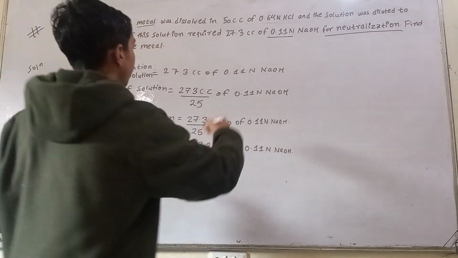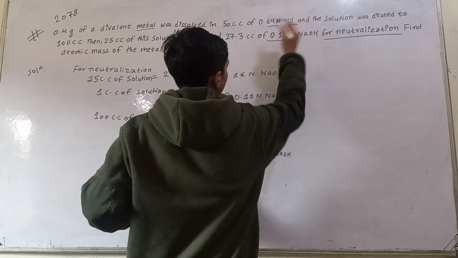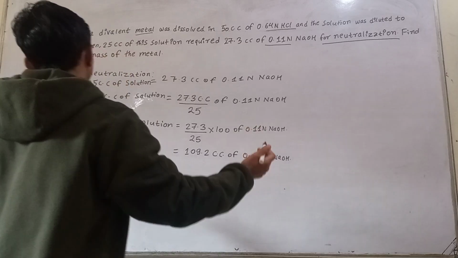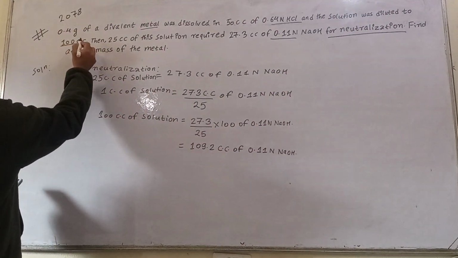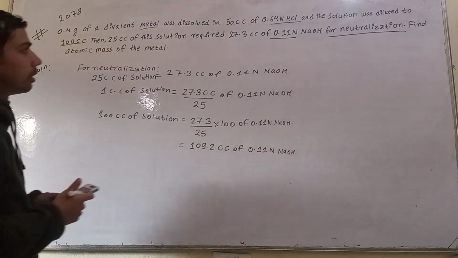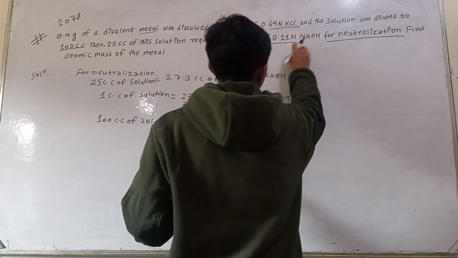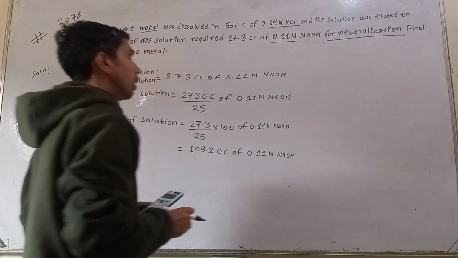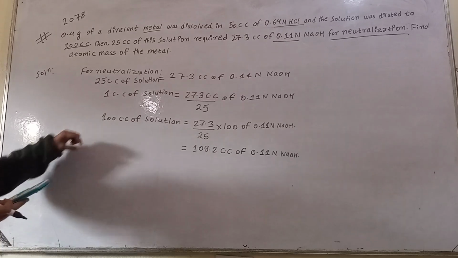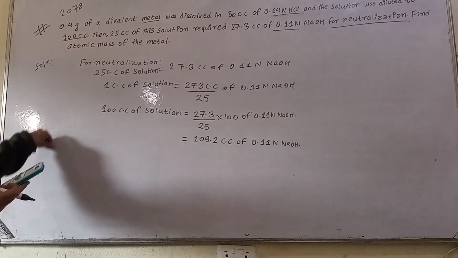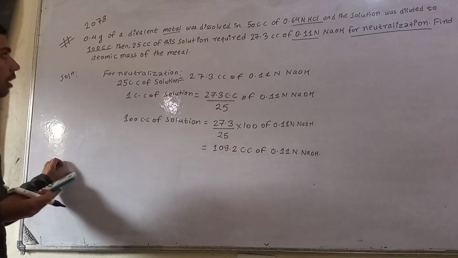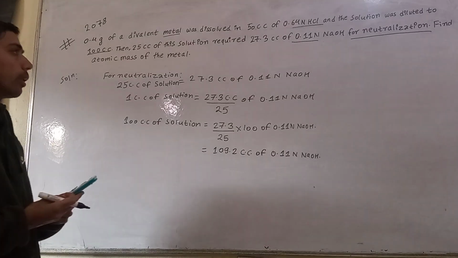This metal was dissolved in the acidic solution, and this acidic solution is diluted to 100 cc, and again some part of this is reacted with the base. So here the same acid was mixed with the divalent metal and then with the NaOH solution.